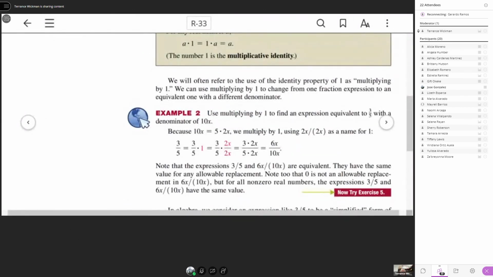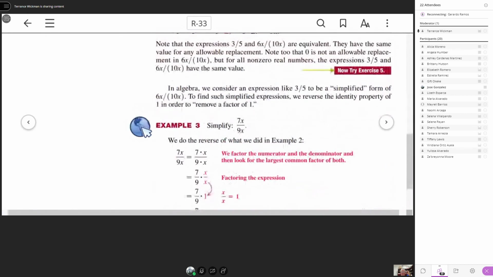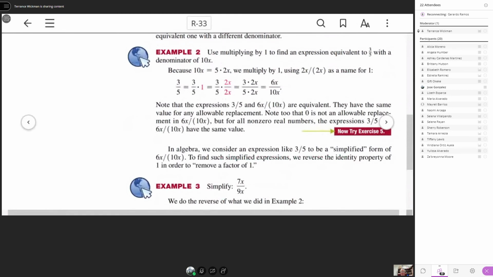Again, we're plugging in information. Use multiplying by 1 to find an expression equivalent to 3 over 5. Now, this is another terrible, terrible example. 3 over 5. Let me just tell you this. An equivalent to fraction 3 over 5 means whatever you do at the top, you have to do at the bottom.